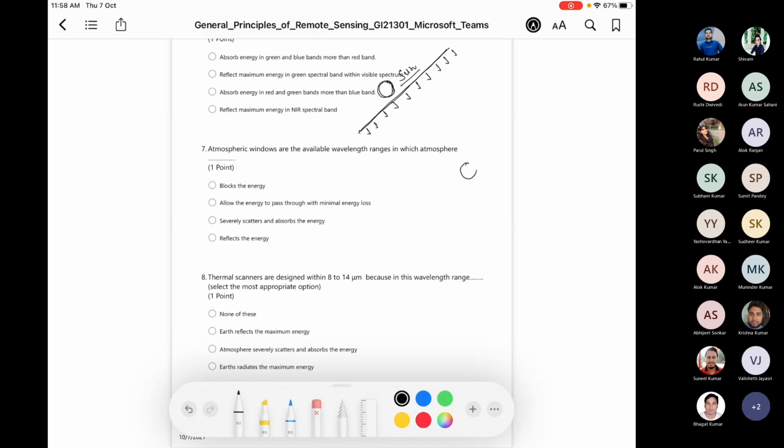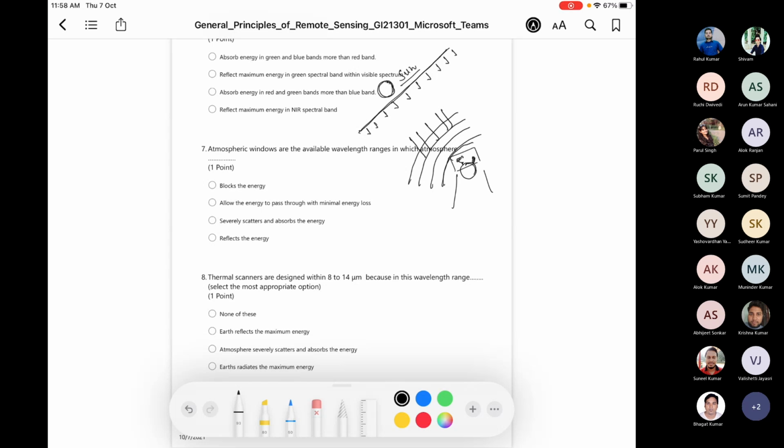Somewhere here we have the earth. These are the different layers of the earth's atmosphere. This energy enters into the earth's atmosphere. If let's say some person is standing over here and we have a tree.